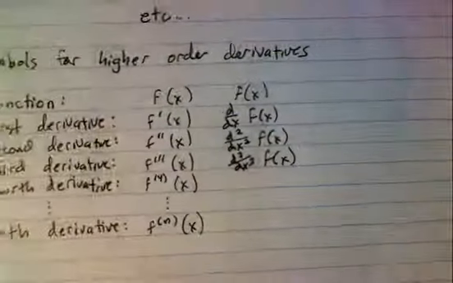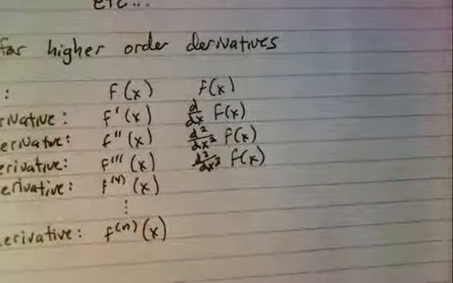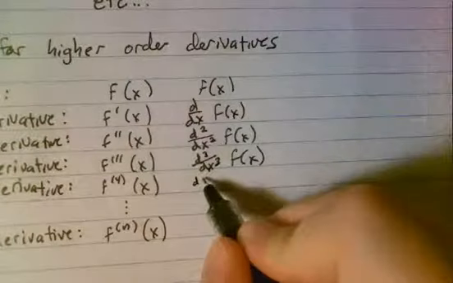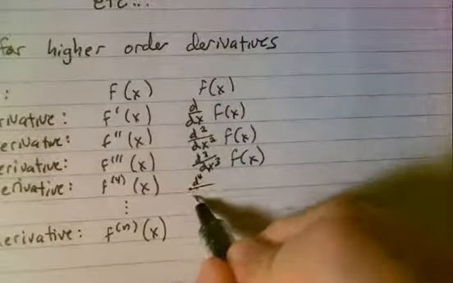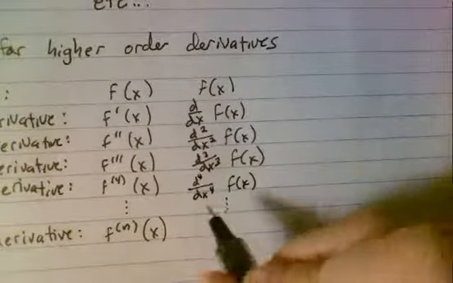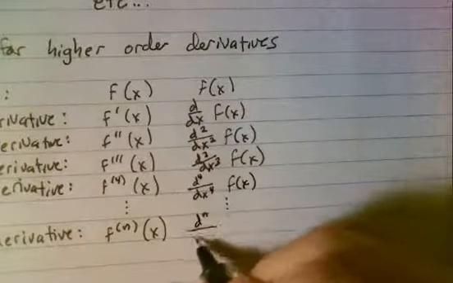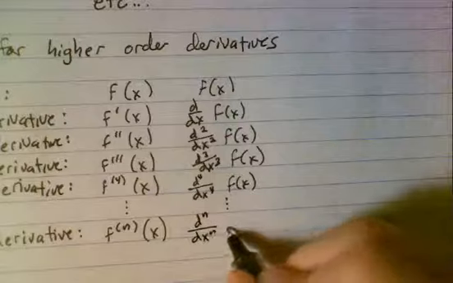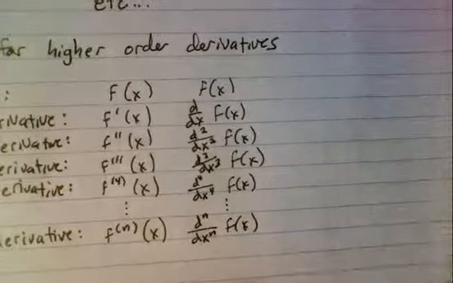Here, I'll zoom in a little bit so you can see. And then d to the 4th over dx to the fourth, f of x, all the way down to d to the nth over dx to the nth, f of x.